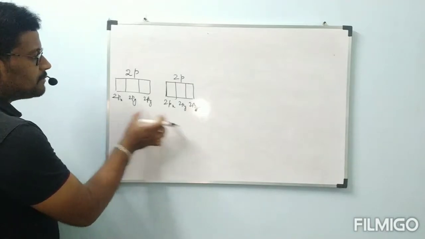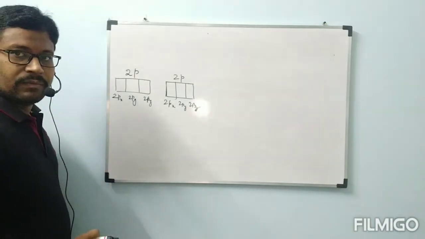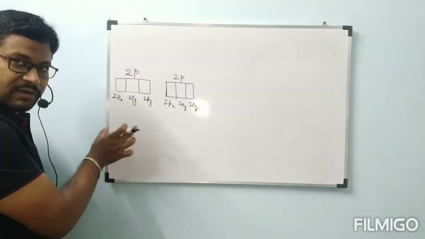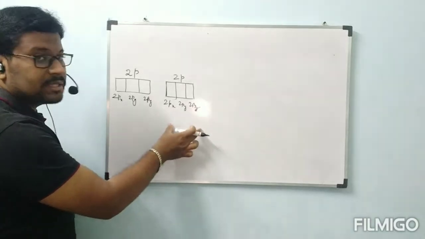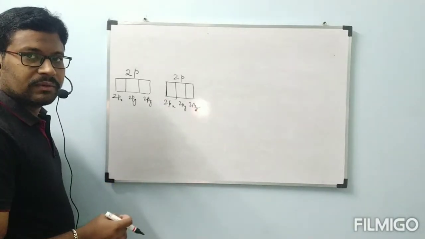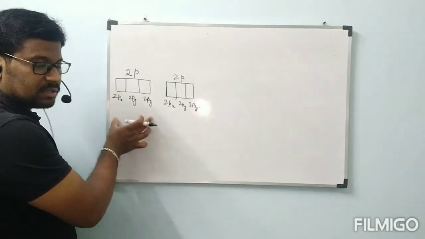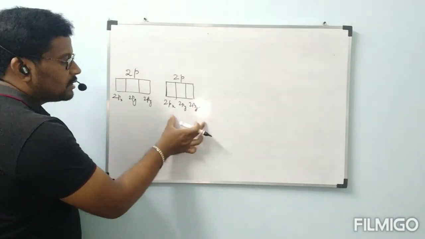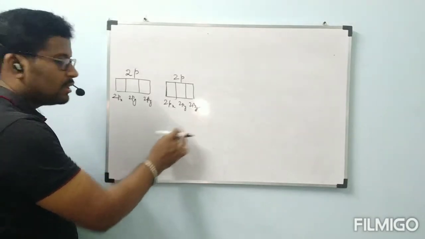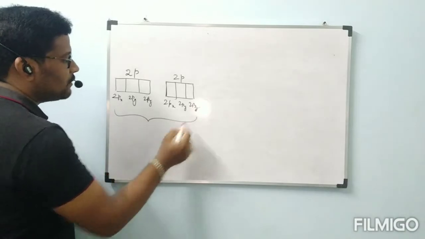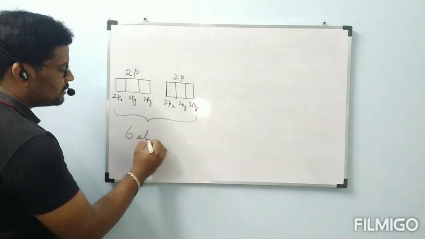This is from one atom and this is from another atom. These are atomic orbitals of one atom, and these are atomic orbitals of another atom. Totally, we have 6 atomic orbitals.